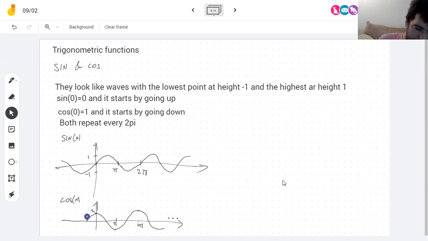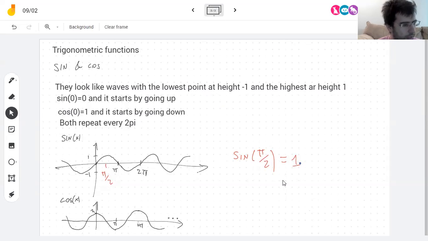And the same on the left-hand side. So if you can make this picture, it's easy to tell just looking at the picture that sine of pi over 2 is 1, because it's exactly a quarter of the way there.